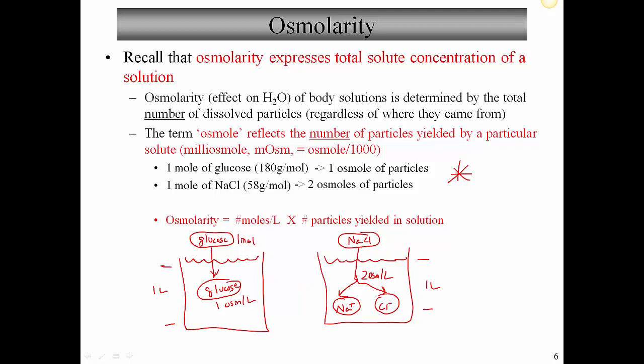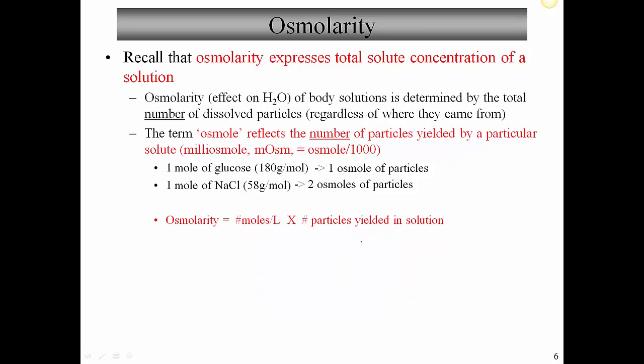And the reason for this is it really depends on how many particles are yielded after I put something in solution. And that's the reason for the formula that you see over here. So we say that the osmolarity, once again, is equal to the number of moles per liter times the number of particles yielded in solution. So let's do a couple of examples.